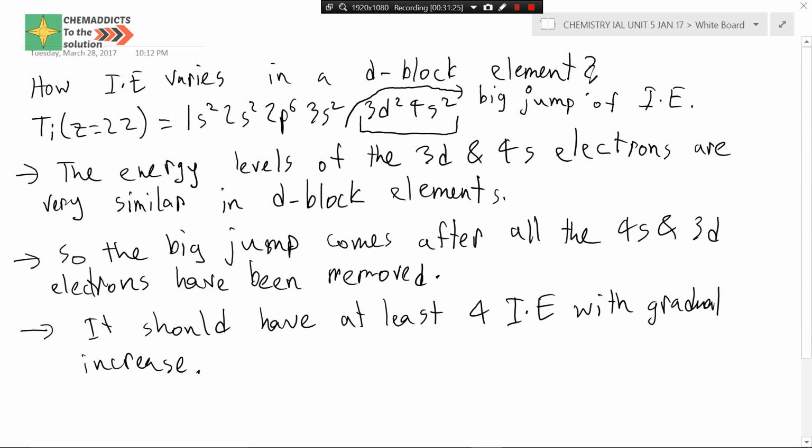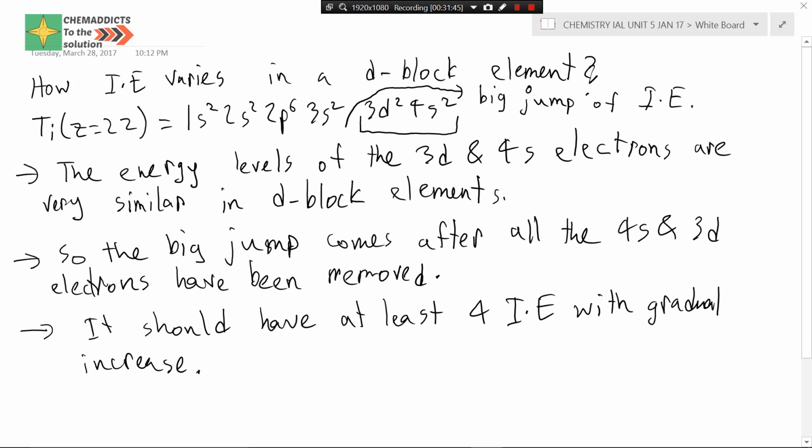I hope that you have understood. You haven't? Okay, let me repeat this once again. For an element to be a transition metal, it should have at least 4 ionization energies with gradual increase. This is the condition.